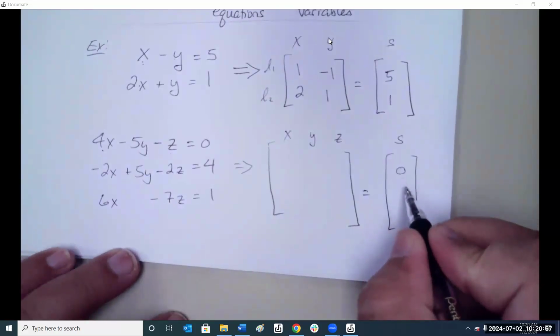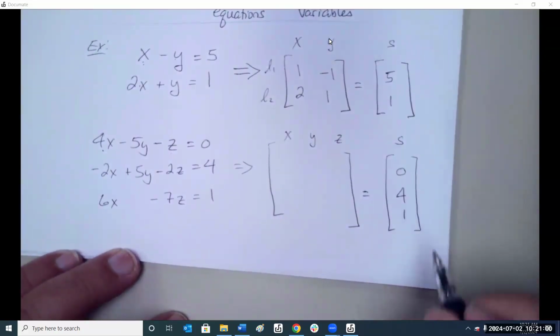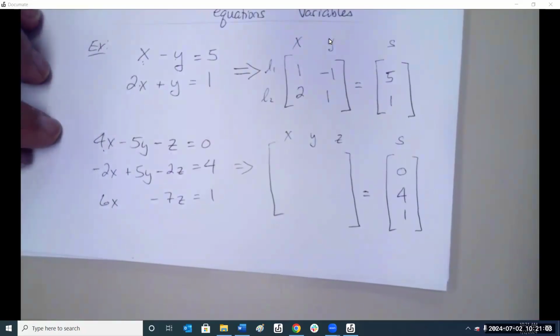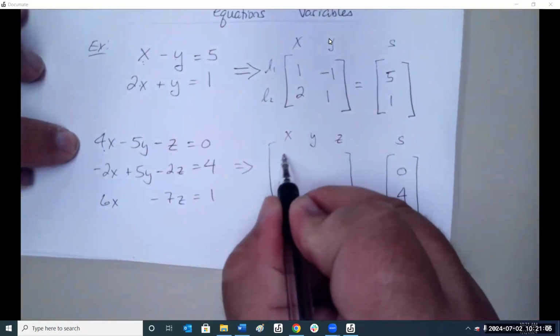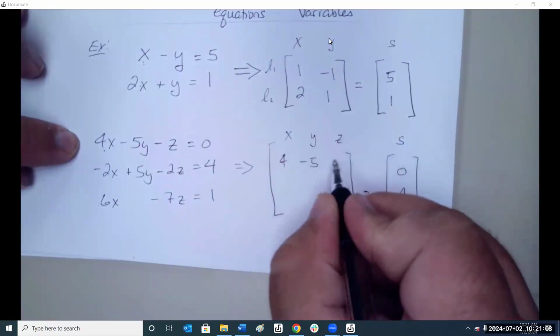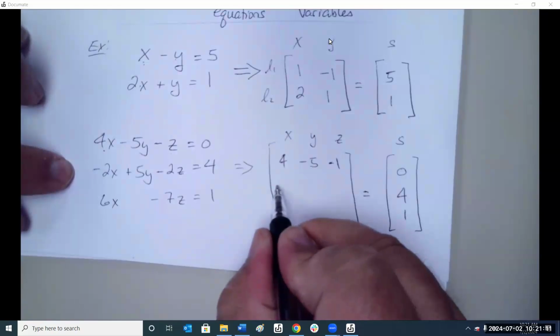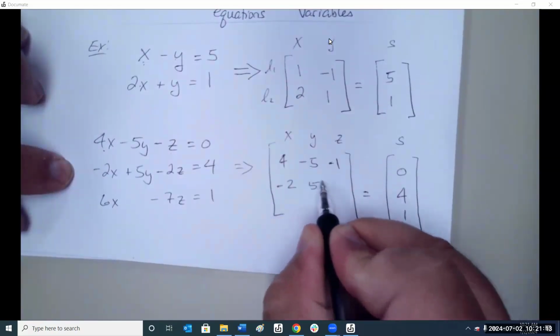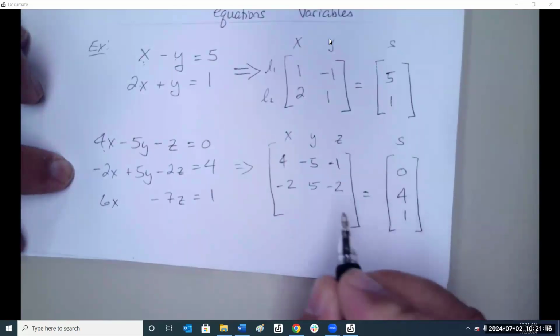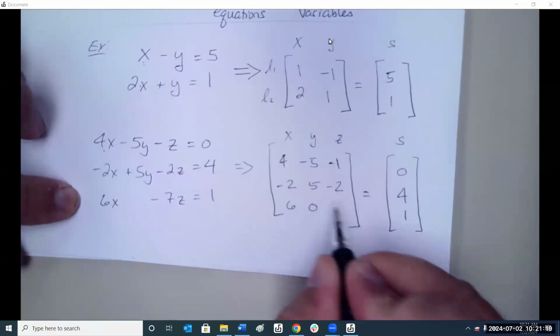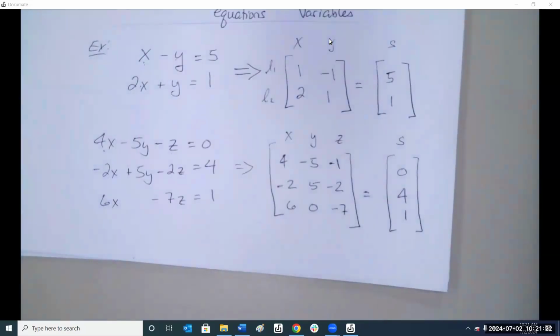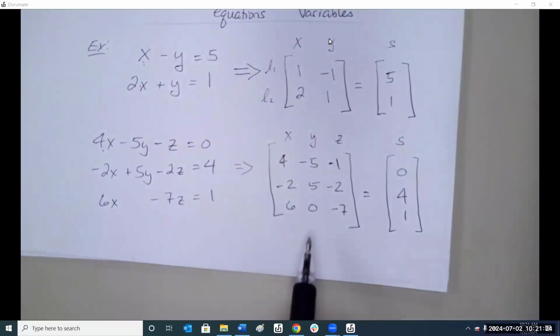The solutions are 0, 4, and 1. The x coefficient is 4, -5, -1, -2, 5, -2, 6, 0, -7. If it's nothing there, it's a 0. So that's how we convert from systems of equations to a matrix.